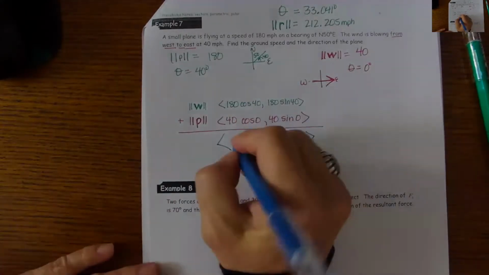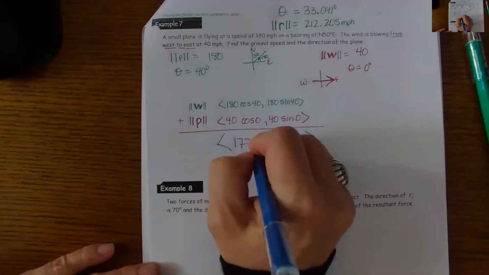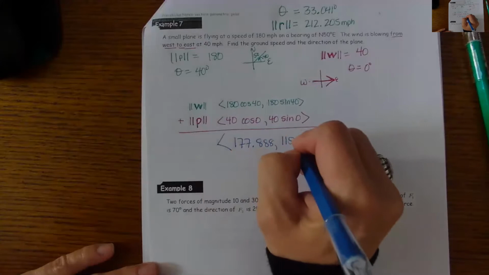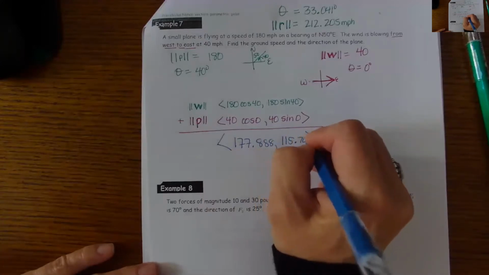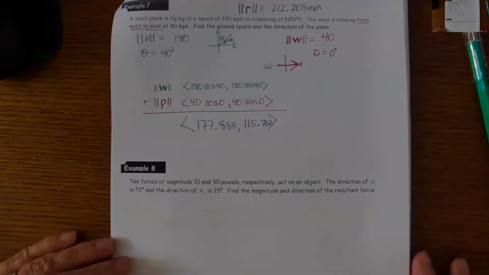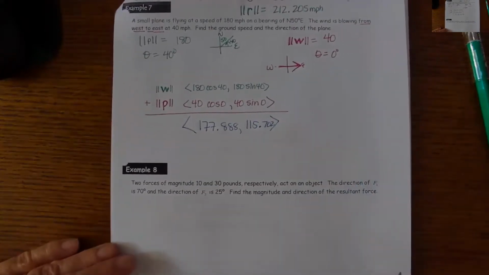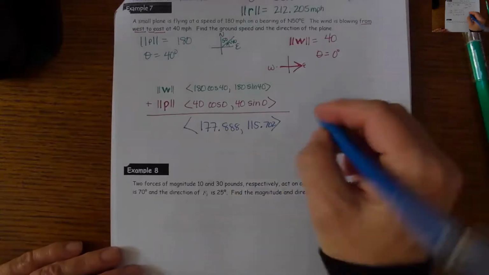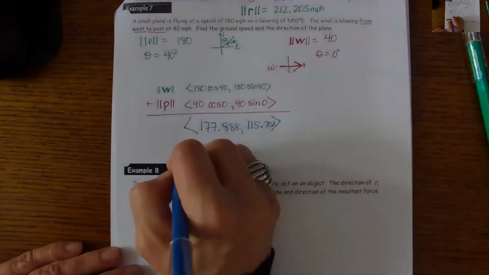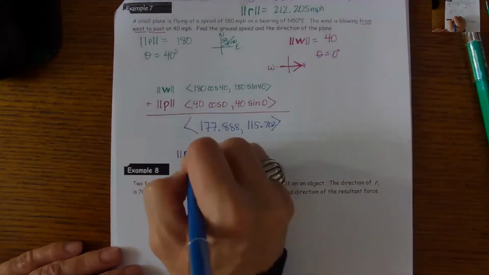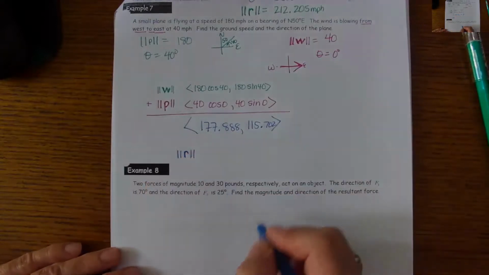And I got, okay, so type those in, punch them in, and there we go. I'm going to call this R. You could put P plus W or R. R means resultant, right?